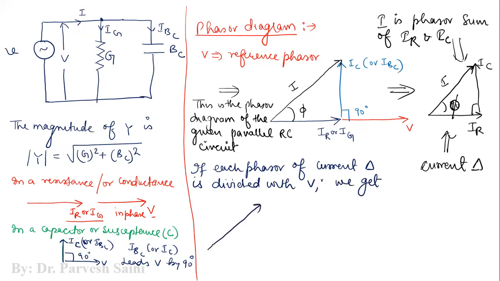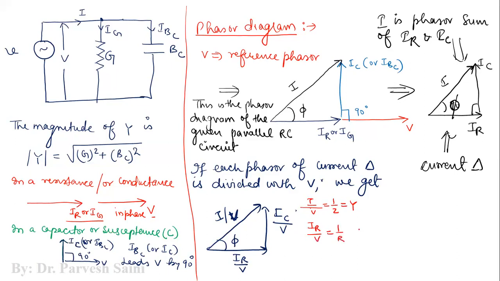If we have the current triangle with me, here I will divide this by V. This is I by V. This is also IC by V. And this is your IR by V. So as we know, I by V is equal to 1 by Z, which is equal to Y. And similarly, your IR by V is equal to 1 by R, which is equal to G. And similarly, we have IC by V, which is equal to j1 by XC, which is equal to jBC.